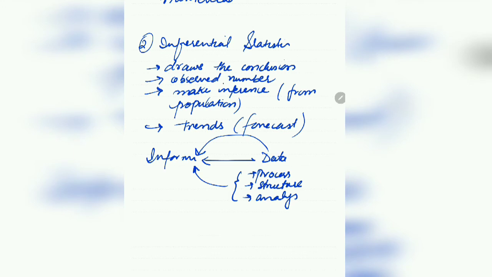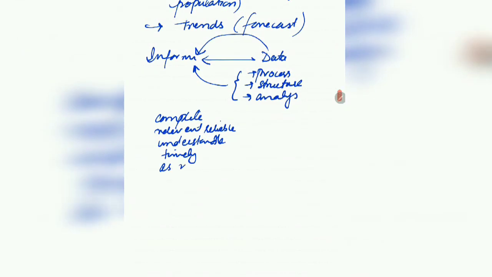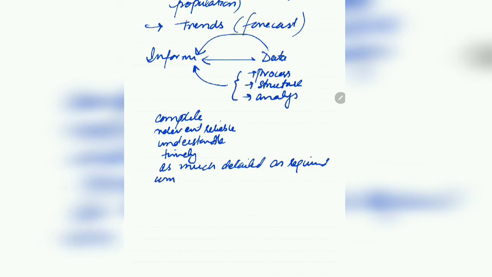And the qualities of good information are that it should be complete, relevant, reliable, understandable, timely, as detailed as required, and communicated to the right person.